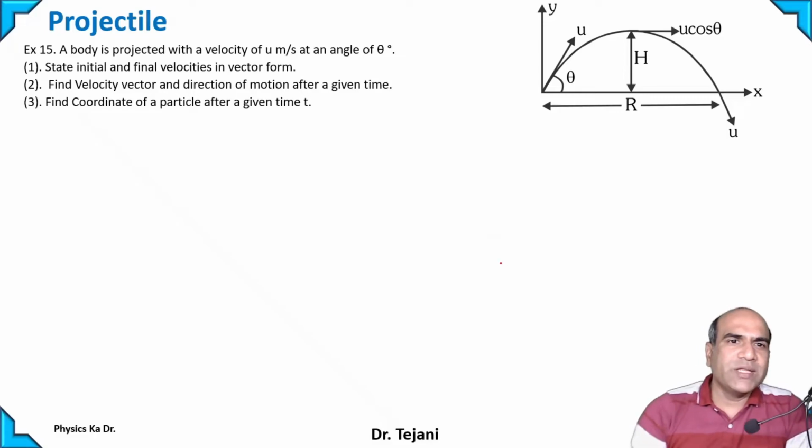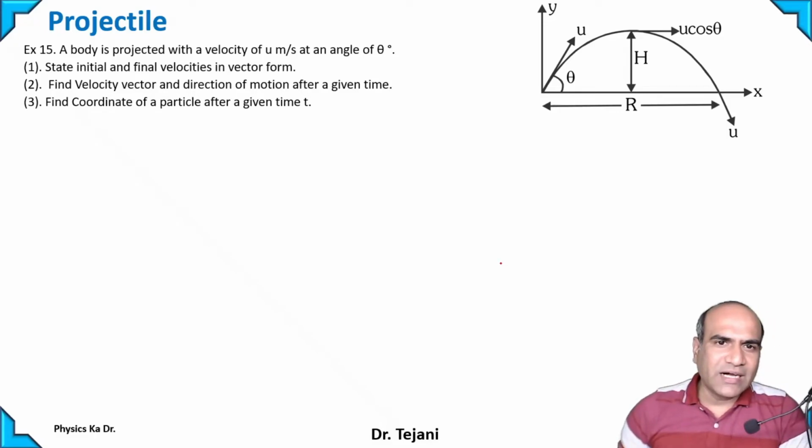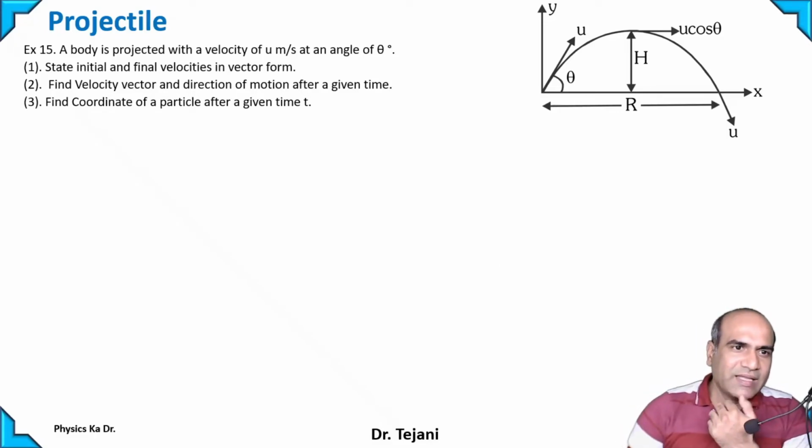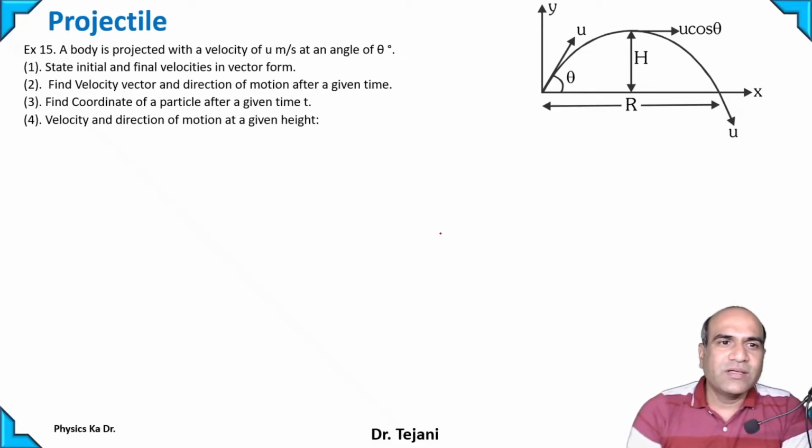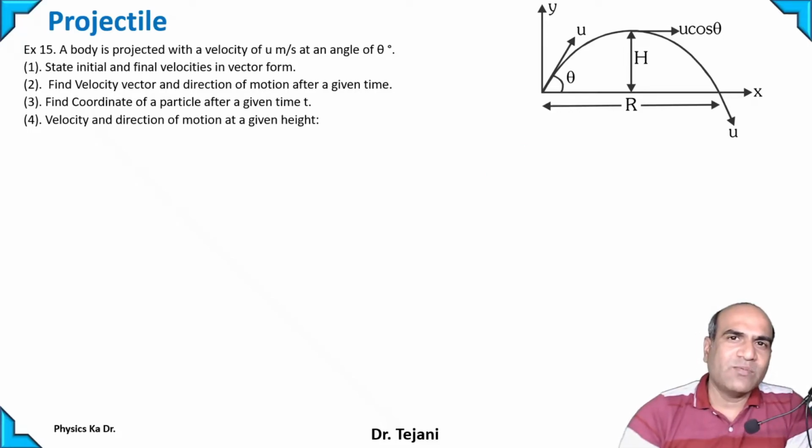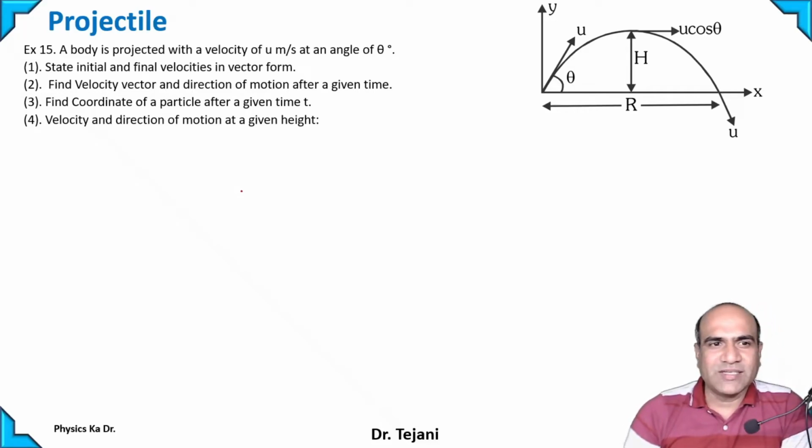Third is find coordinates of a particle after a given time t. Fourth, velocity and direction of motion at a given height. See, all the possible questions we will be taking, right? So you will not be having any surprise in the examination. Be ready for all the options.